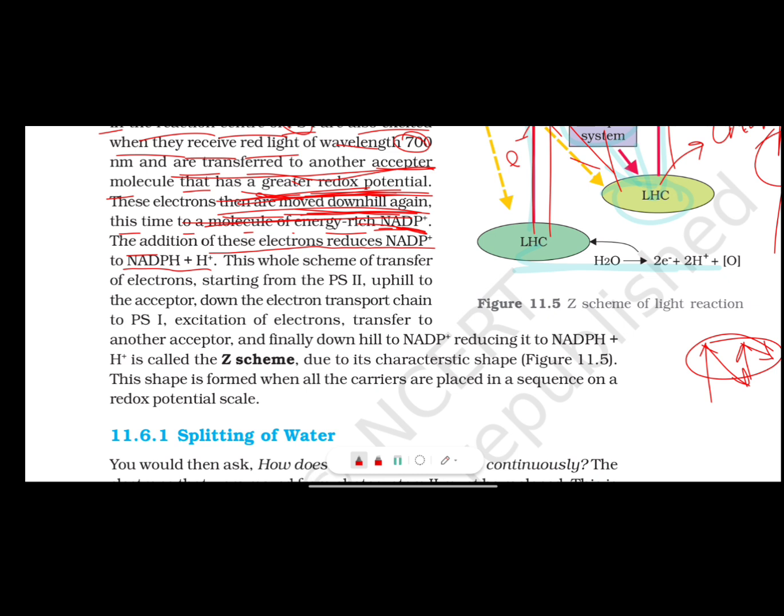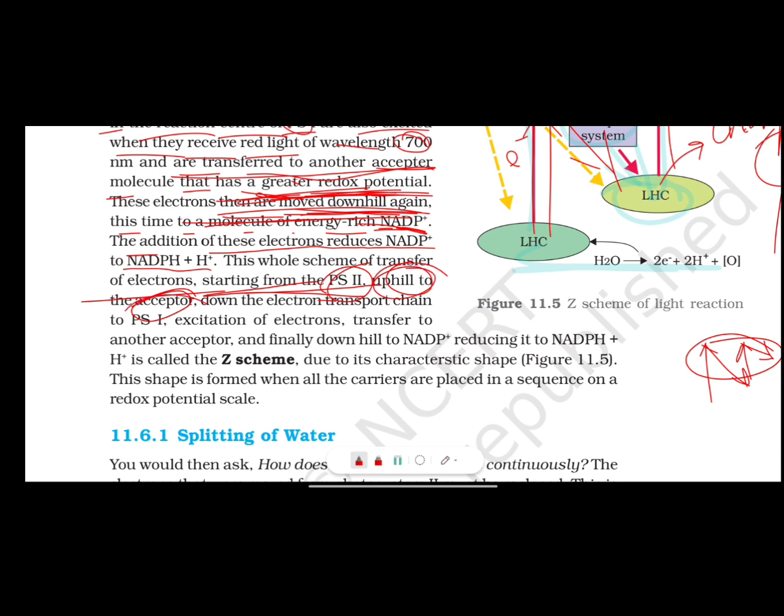This whole scheme of the transfer of electrons starts from PS2 uphill to the acceptor. So we all need to know how and what process happens here. The process starts from PS2 and then goes to PS1. And why it got the name PS1 and PS2, as already given.